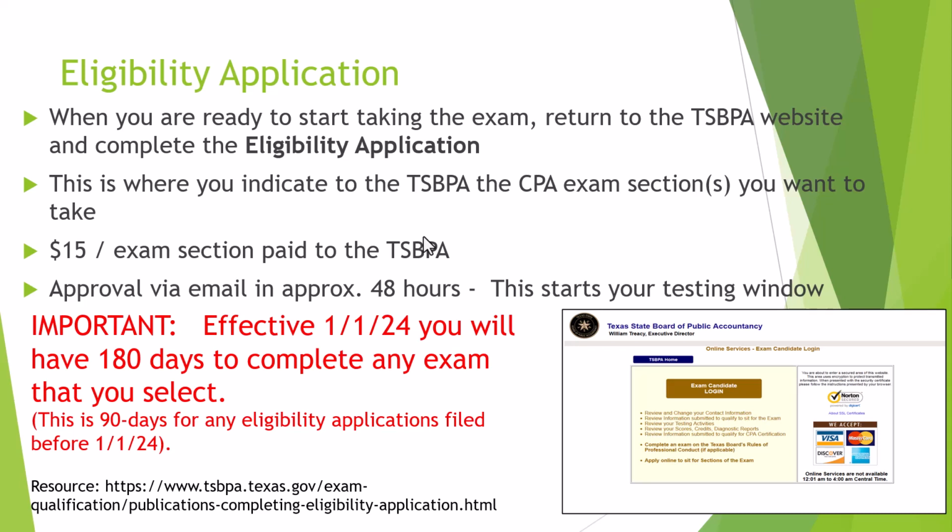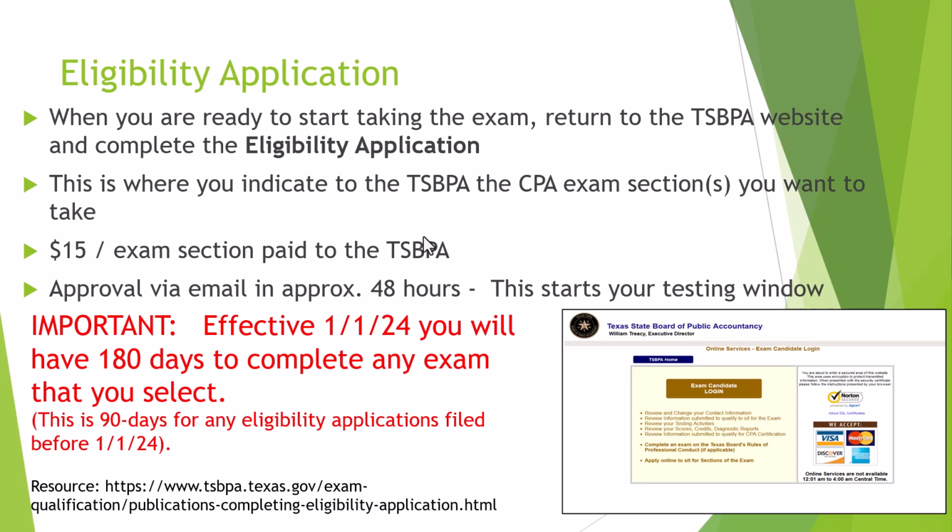When you begin the eligibility application, a new window or clock begins. You will have 180 days to complete any CPA exam that you are now selecting. So if you select to take the FAR exam, you would have 180 days to complete that. Now, I'm assuming that you're doing this in 2024.